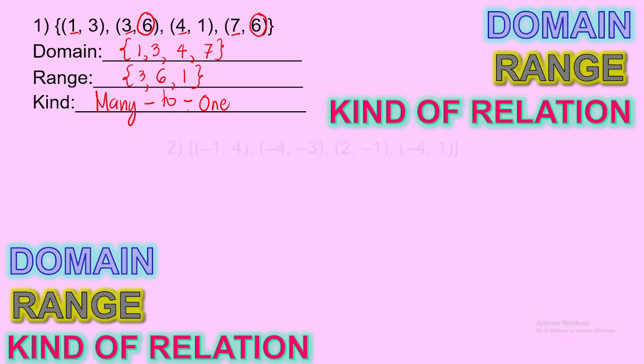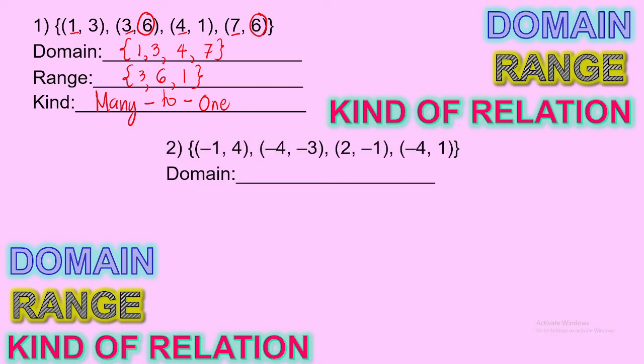Let's go to our second item. Let's determine the domain. Again, the X values: -1, -4. We have 2, -4. Do not repeat that anymore. The range, we have 4, -3, -1, and 1. I am simply writing all the Y values in the range.